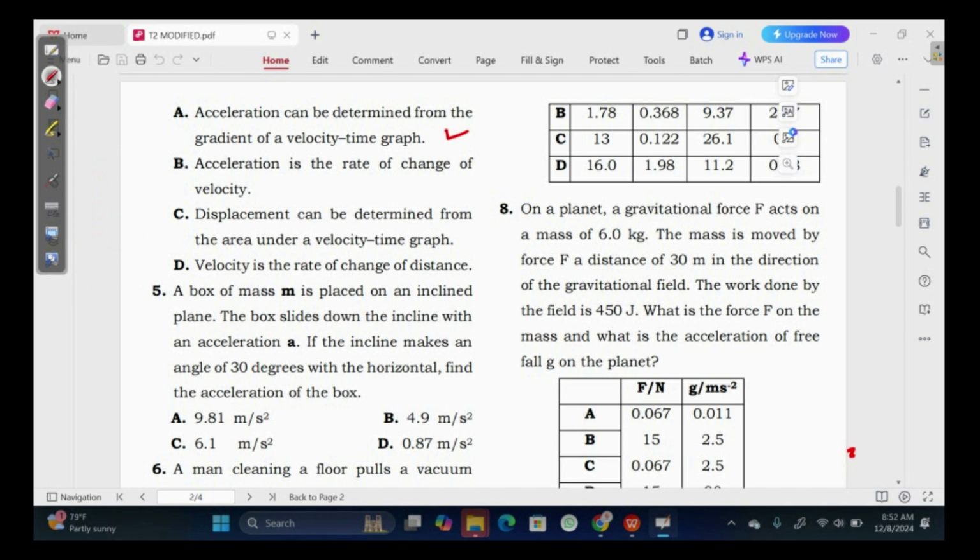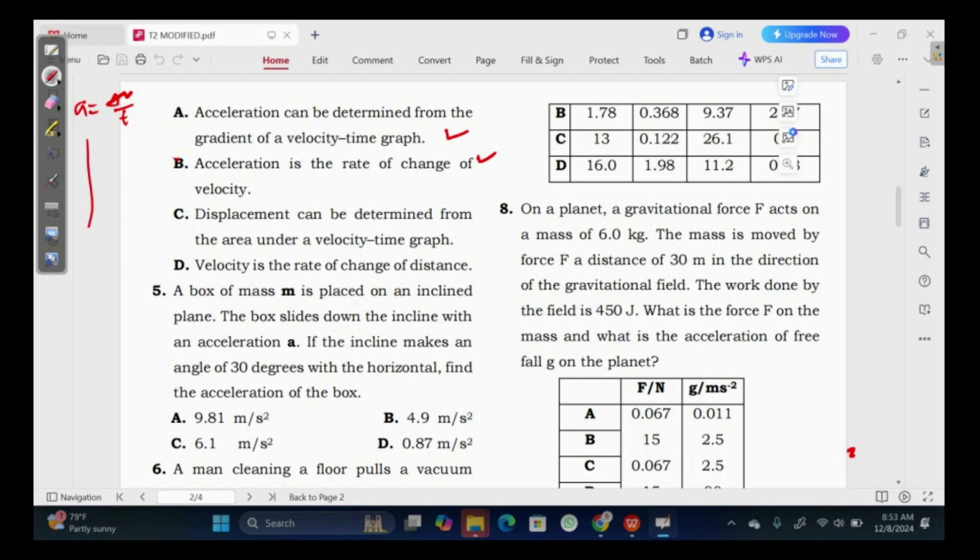Acceleration is the rate of change of velocity. It's very true. Acceleration is equal to change in v divided by t. This is true. Displacement can be determined from the area under the velocity time graph. I taught you this when we were doing tutorial sheet 3 under velocity time graph, to say when you want to find the distance, you find the area.